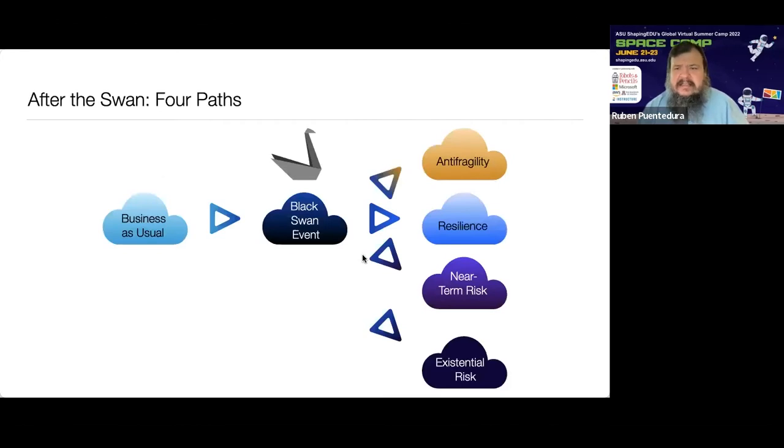The key thing is, if you're doing something that's impacted by a black swan, there are four key paths. The worst one is existential risk. You get hit by the black swan and then you say, bye-bye, you're no longer around for the next stage of things. Sadly, we've seen, for instance with COVID, multiple organizations, some education organizations, et cetera, that have not made it through the pandemic and therefore have undergone existential risk, which takes them out of the picture.